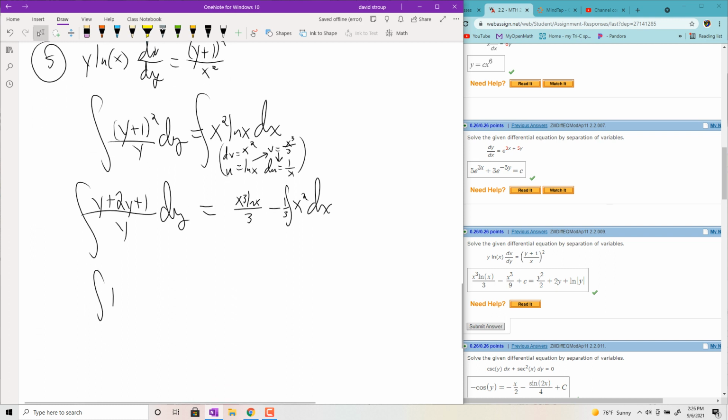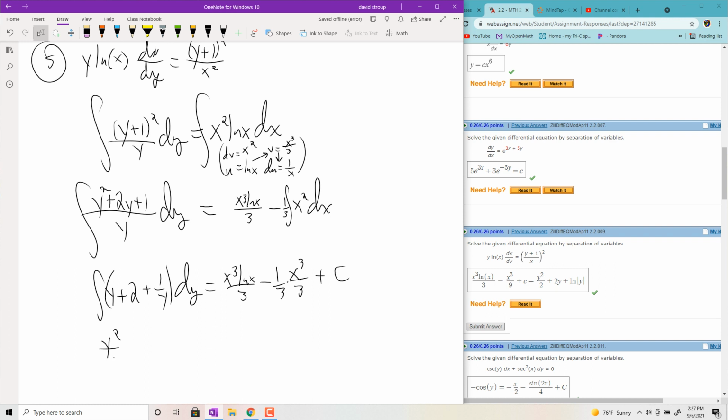Rewriting the integral on the left, this should be y squared plus 2y plus 1 over y dy, which is y plus 2 plus 1 over y. And then on the right, x cubed ln x over 3 minus 1/3 x cubed all over 3 plus c.